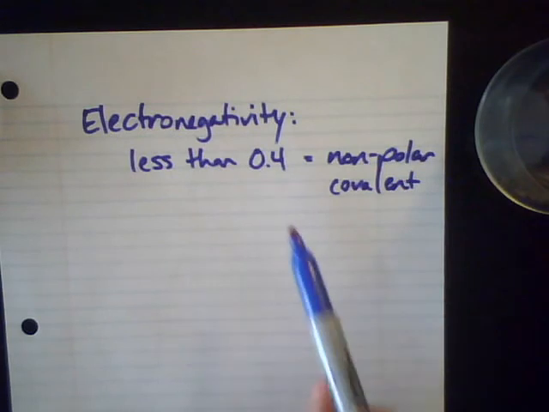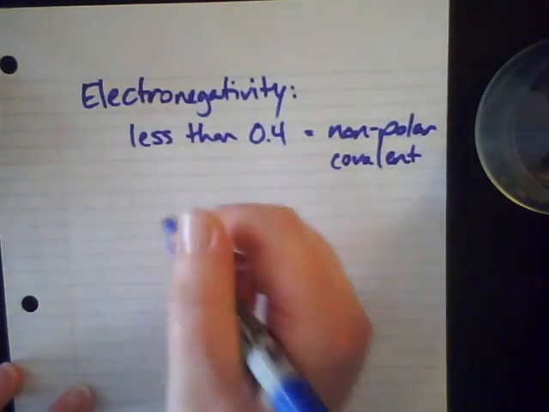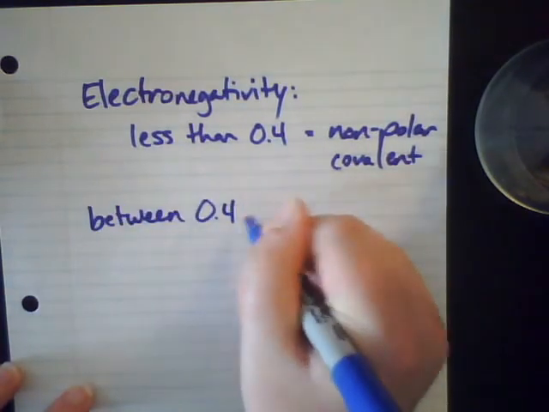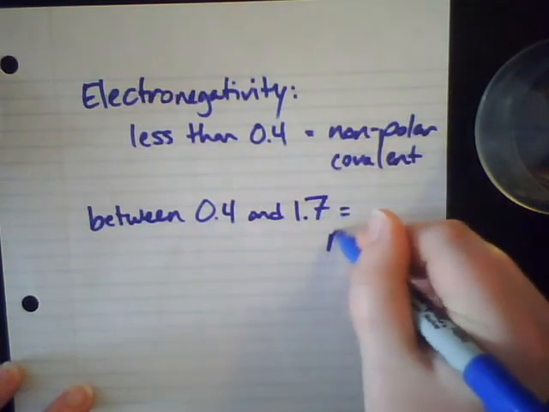Okay, so less than 0.4 means that they're so close to each other that it's basically an equal sharing. I said if it's between that 0.4 and 1.7, then we have a polar covalent bond.